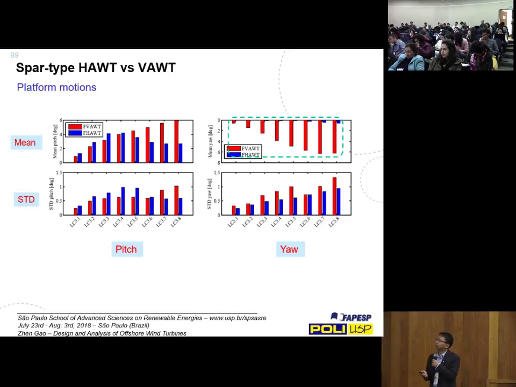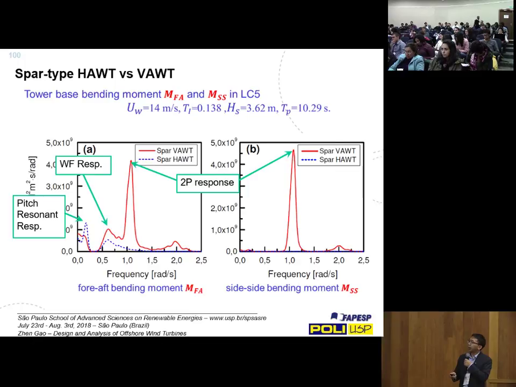Then you have the platform motions, and it is important to see that you also have a bigger mean contribution for the vertical axis wind turbine, because you have a larger torque applied on it, which gives a larger mean yaw motion. If we further look at the spectrum of the tower-base bending moment, fore-aft means along the wind direction, and side-to-side is perpendicular to the wind direction.